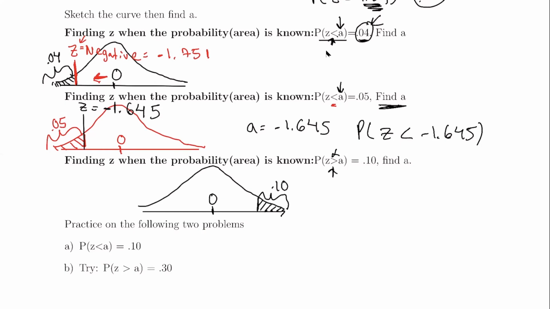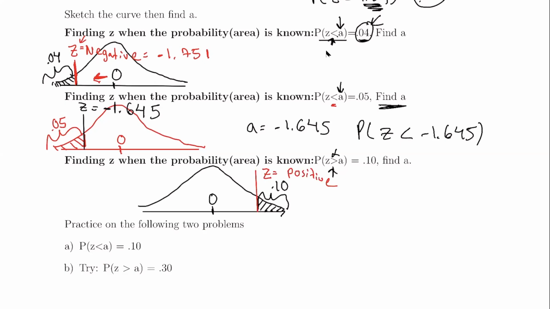And what we want to do is find the Z value that corresponds to that. The Z value is on the right side of 0, so I should automatically be getting a positive value.